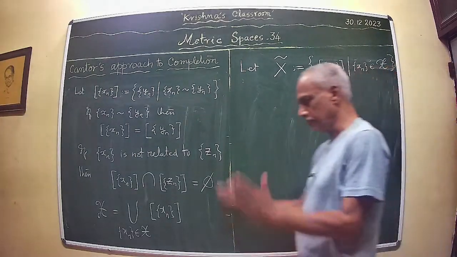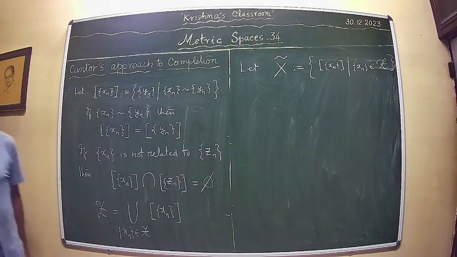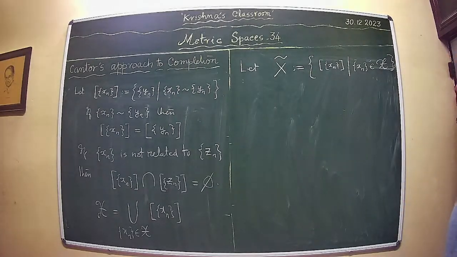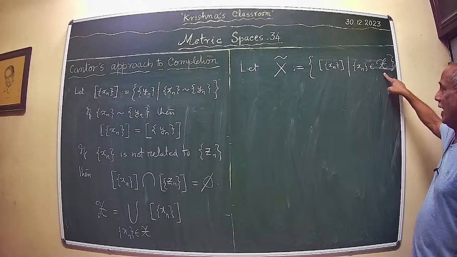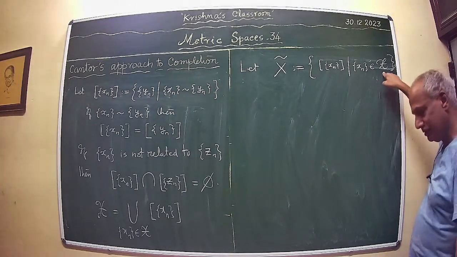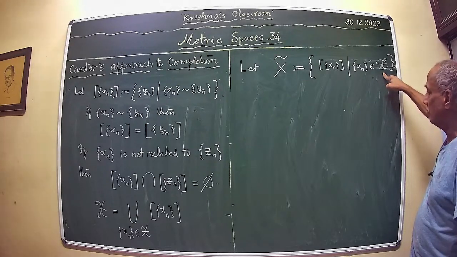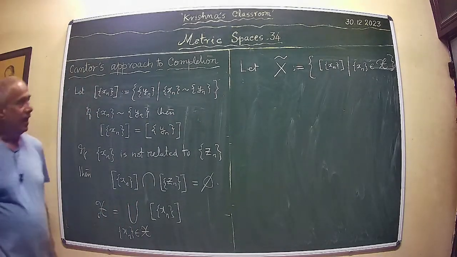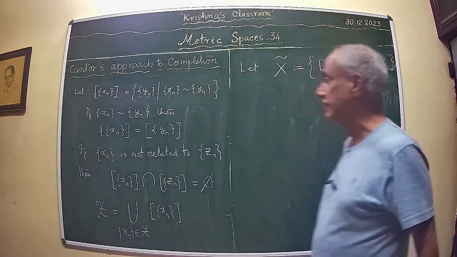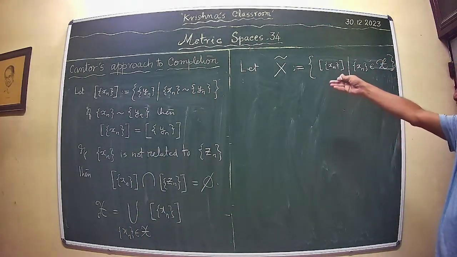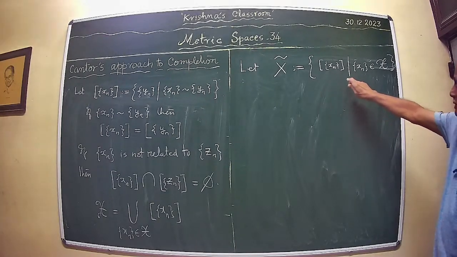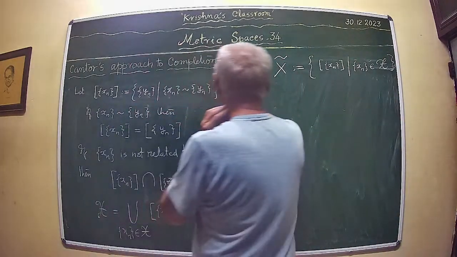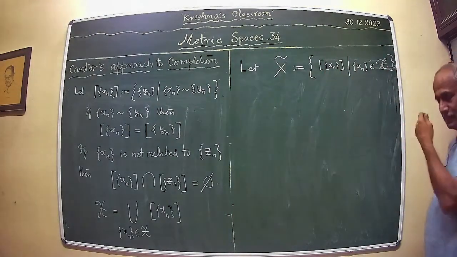Started from (X, d), and then we looked at all Cauchy sequences of elements in X, which we designated by script X, and then we introduced a relation on that, and we found that that particular relation is an equivalence relation, therefore it partitions into equivalence classes, and therefore we designated by X tilde the equivalence classes, the blocks of equivalence classes. Okay. So now we make some observations.